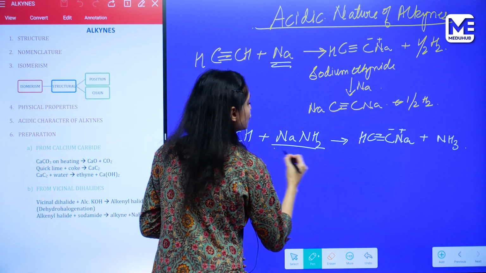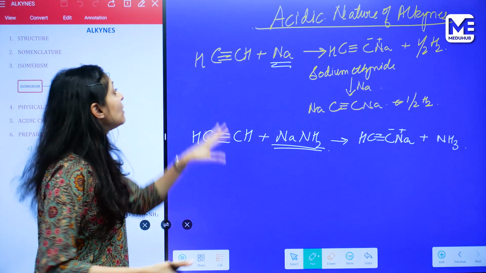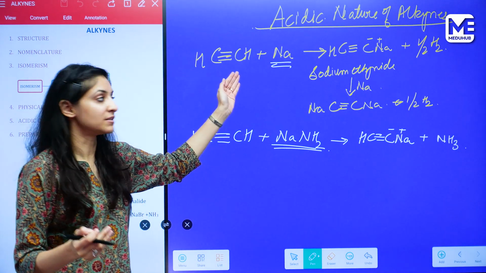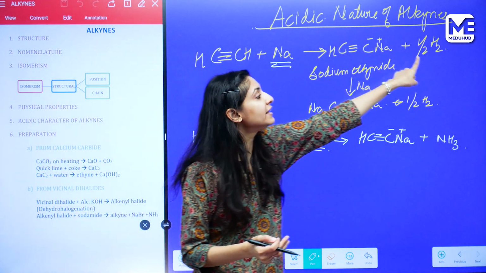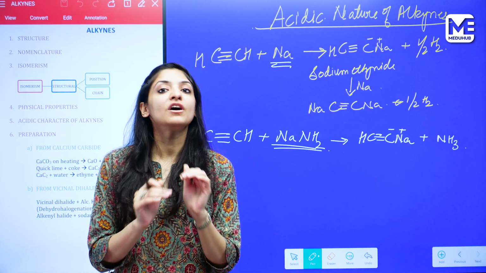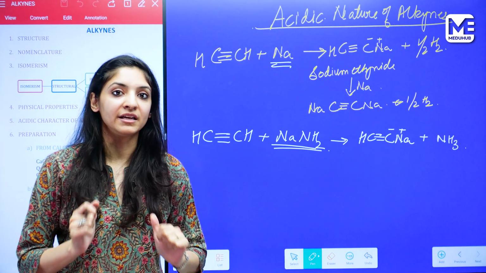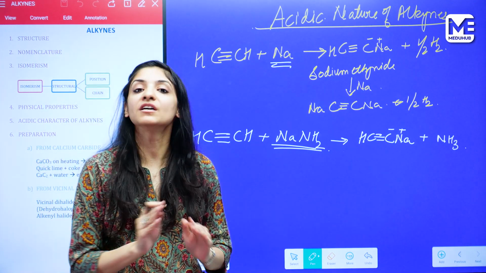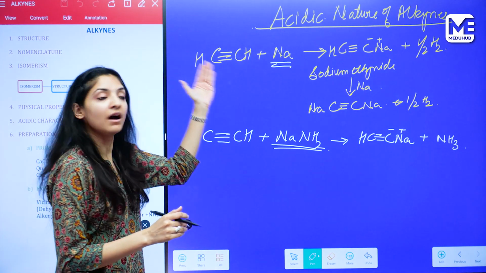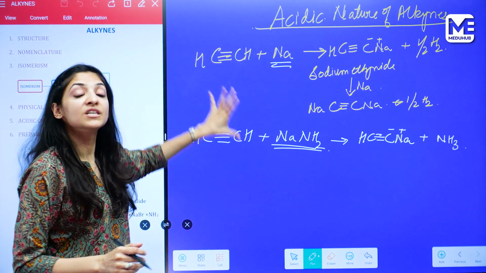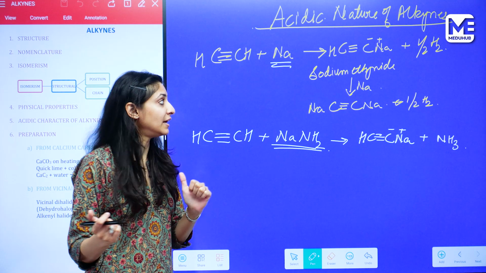Sodium and NaNH2, sodamide, are strong bases. Alkynes react with strong bases to form a salt and release hydrogen. These reactions are not given by alkanes and alkenes. This means that alkanes and alkenes are not acidic, but alkynes are acidic. This can be used to distinguish between alkanes, alkenes and alkynes.